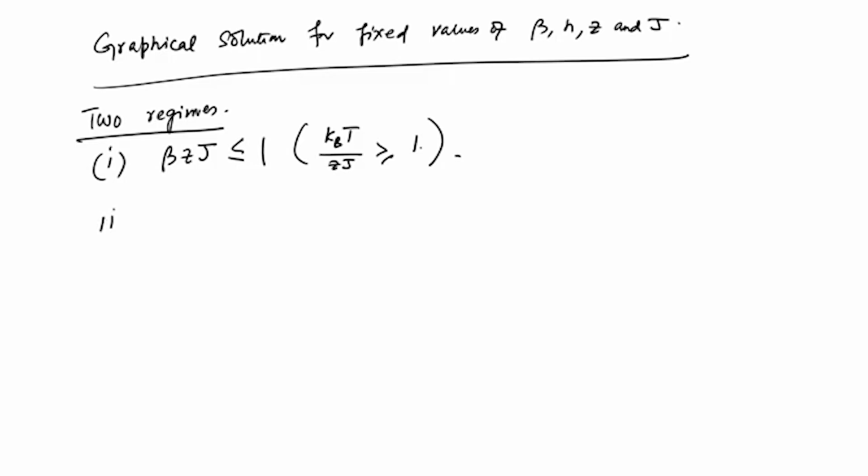And the second region is important, where you have beta ZJ greater than 1. This is the other limit, that is KT by ZJ is less than 1, which means that the thermal fluctuations are subdominant and the interaction between the spins is dominant.